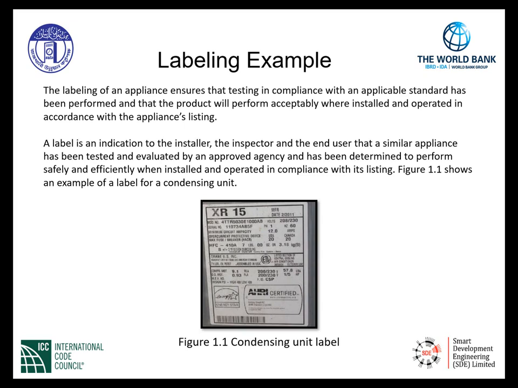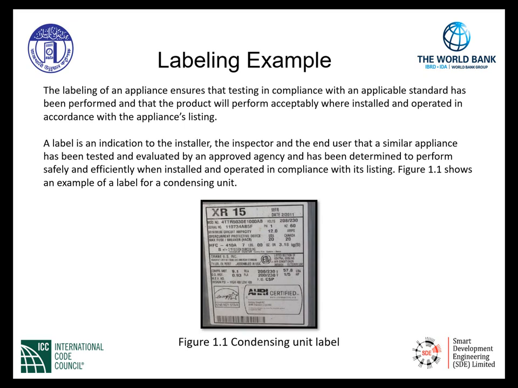Below is an example of a label. The labeling of an appliance ensures that testing in compliance with an applicable standard has been performed and that the product will perform acceptably where installed and operated in accordance with the appliance's listing.